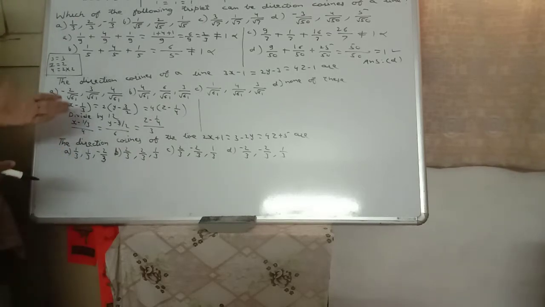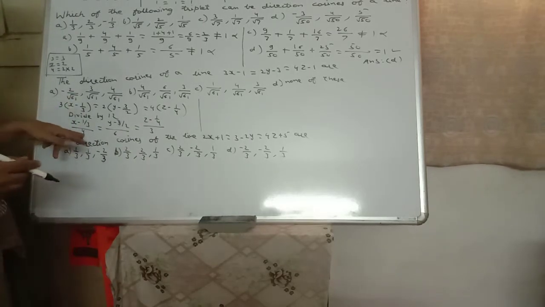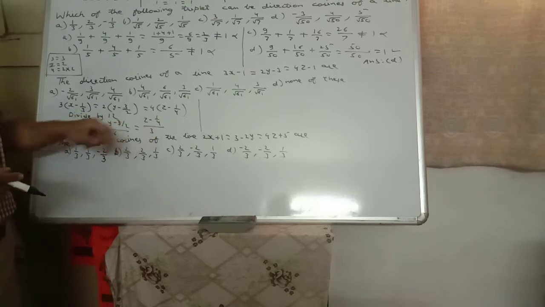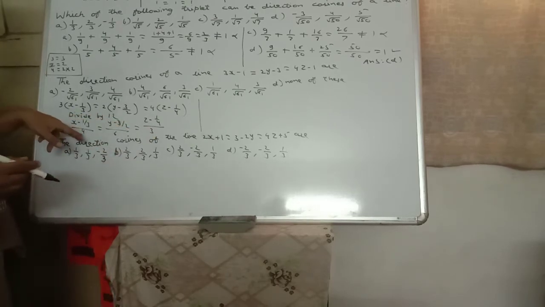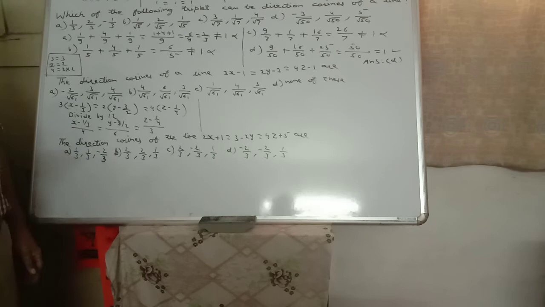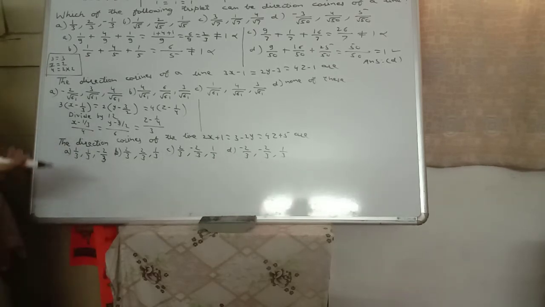If we know direction ratios of a line, then we can write the equation of the line. Similarly, if we know direction cosines of a line, then also we can write the equation of the line in Cartesian form.